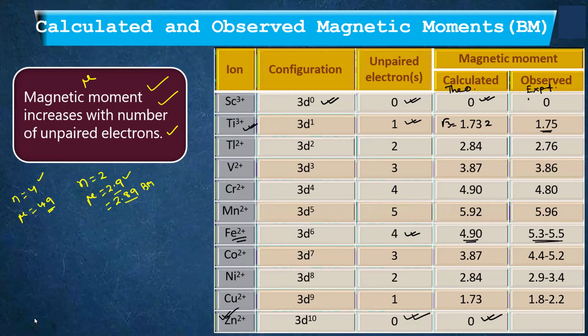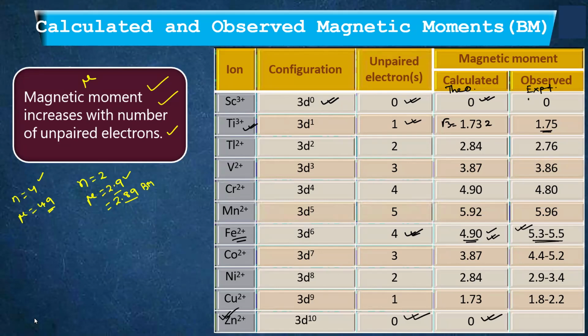In the examination, if you are given the n value, then directly calculate mu; there will be no problem. But if it asks why the value should be 4.90 but is actually 5.3, what is the reason?